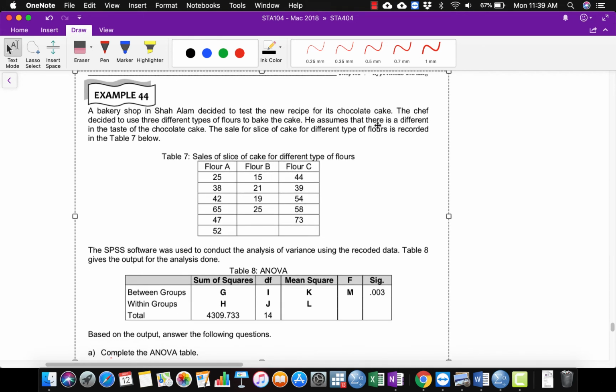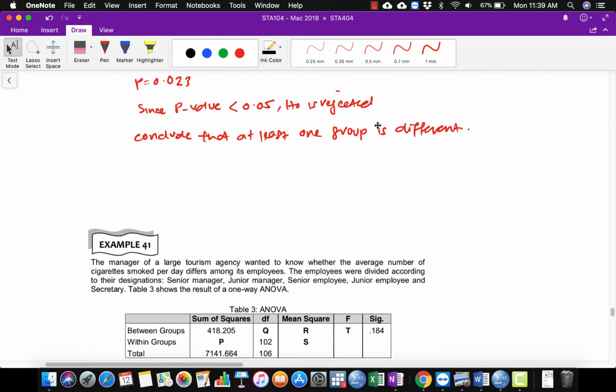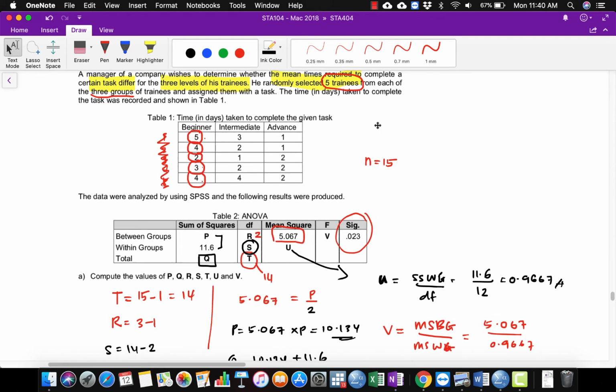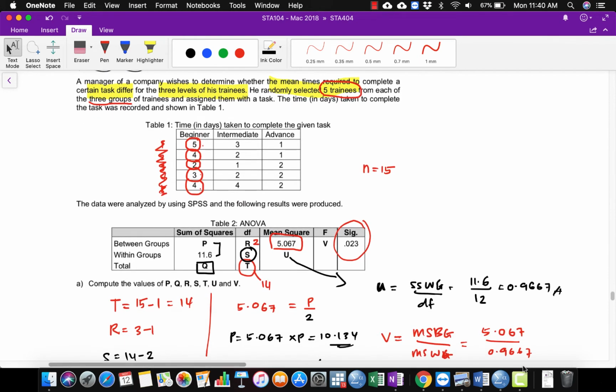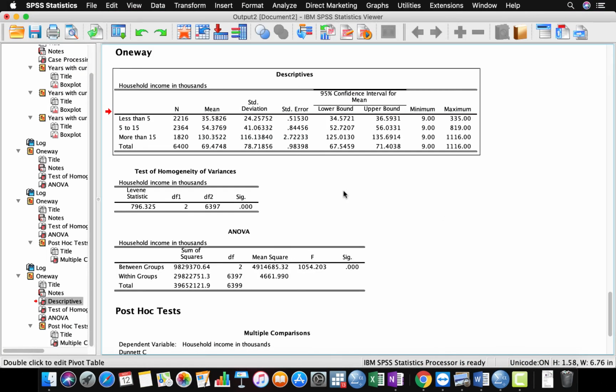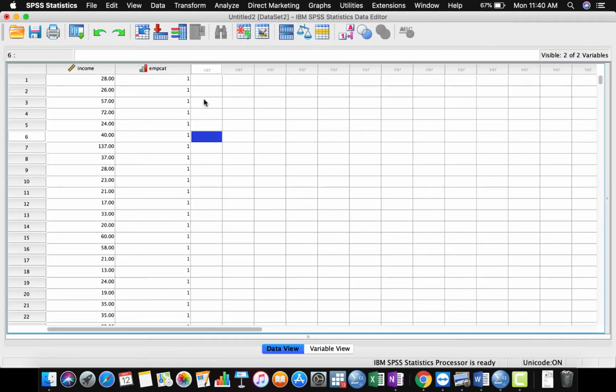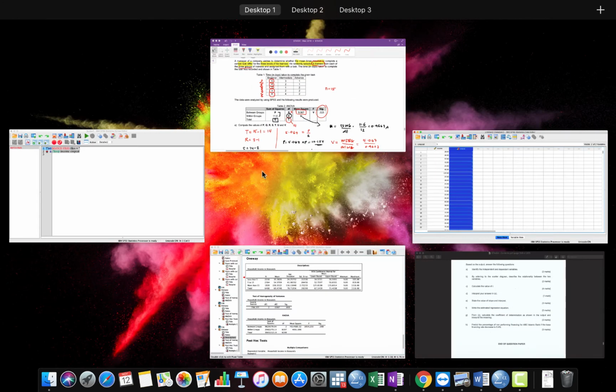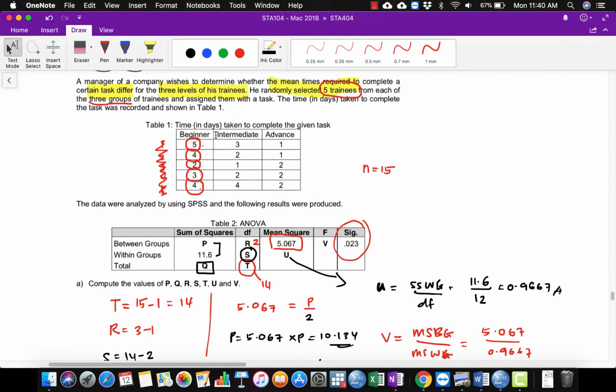Before we go to this formula, I just want to show you, based on example number 40, how to key in this data into SPSS. If you look at our demo data set, we are keying the data in long format, not wide format.